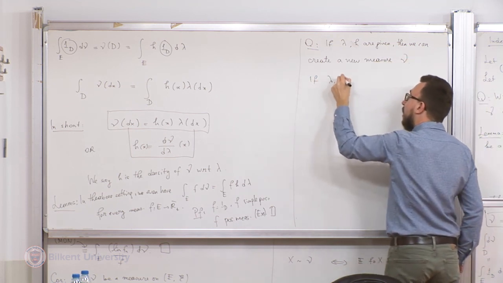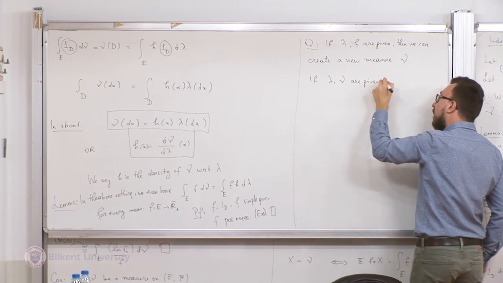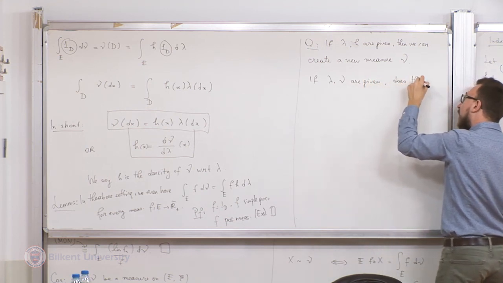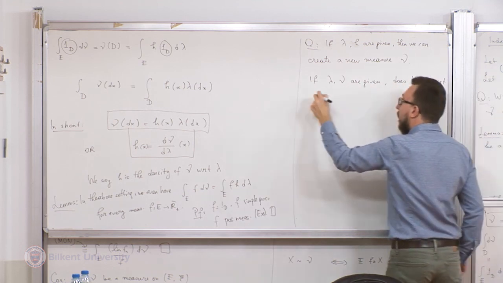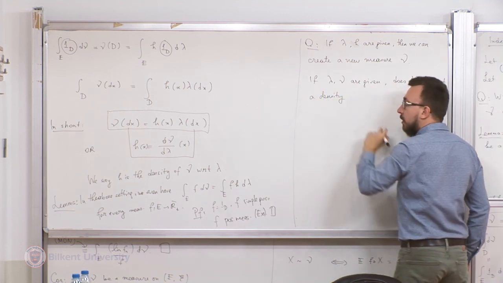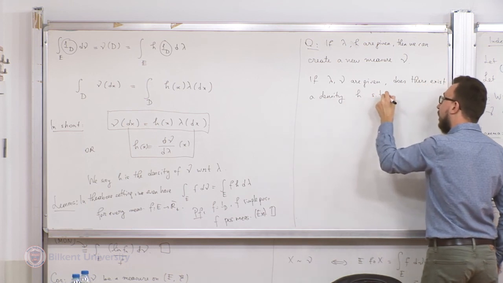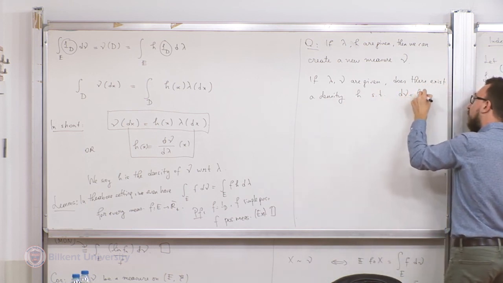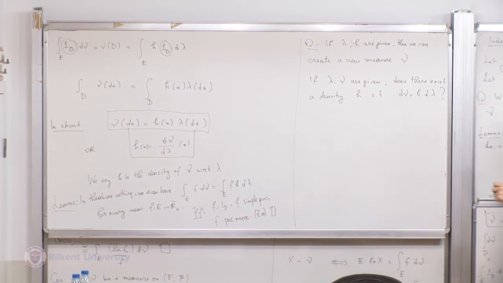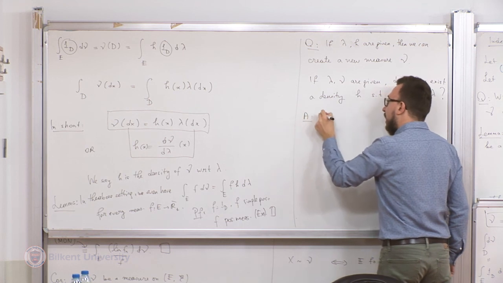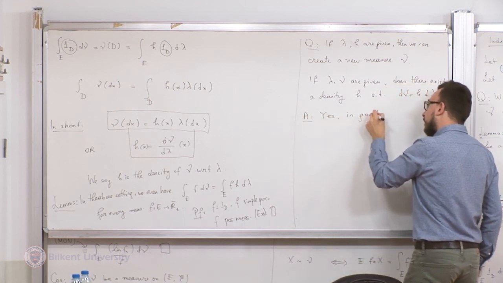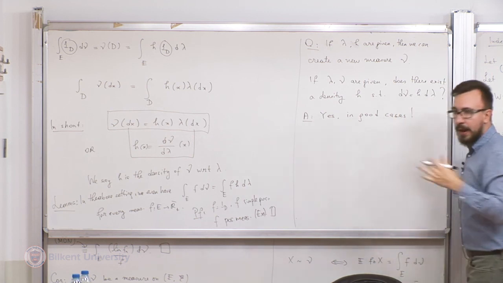If lambda and nu are given, does there exist a density h such that d nu is h d lambda? Does every measure have a density with respect to the Lebesgue measure, with respect to lambda, a given measure? So the answer is yes, in good cases. So let's define what a good case is.